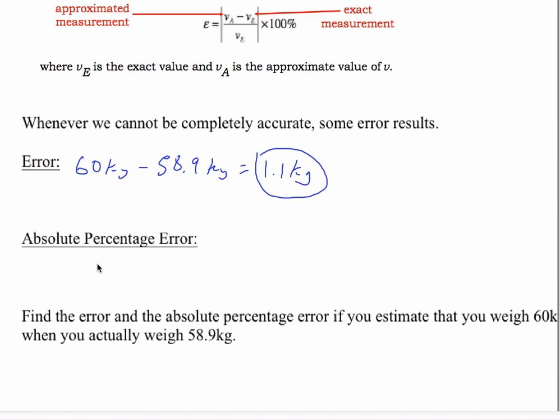We want to get your percentage error, so that's your error, or epsilon, whatever that is. Now be very careful about these numbers. This is the approximated measurement. So your estimate is 60. So you put a 60 here. The exact measurement is 58.9. So on the bottom you've got 58.9. And this absolute value means you'll make it positive, and times 100% to make it into a percentage.